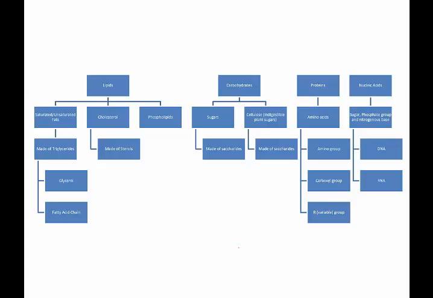Again, going with this sort of organization theme, I've listed the three or four major macromolecules or biomolecules. And I've sort of split them up into different parts here. So for something like lipids, you have saturated versus unsaturated fats, you have cholesterols, and you have phospholipids. So those are the three major subgroups of lipids.